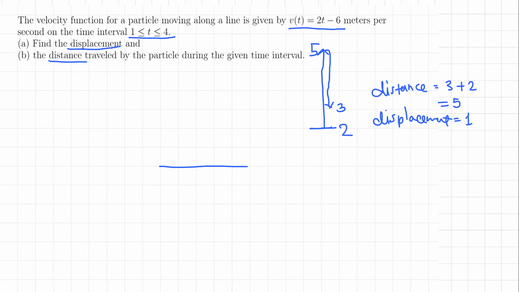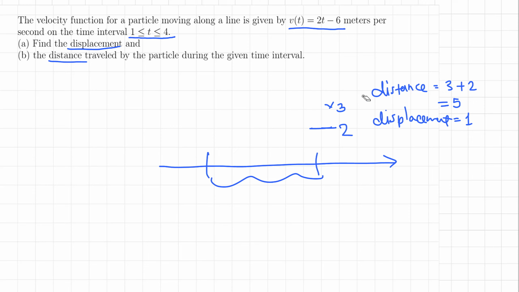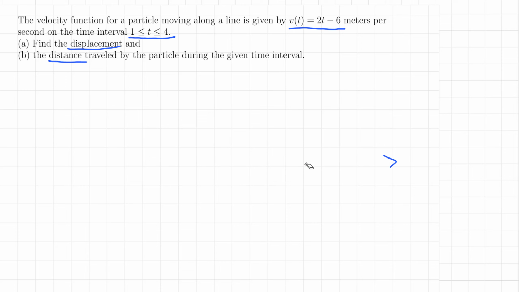But if you are going in the same line forever, straight line, then the displacement and the distance traveled are the same thing. So here, 2t minus 6, this velocity may be 0 at some point between 1 and 4. So 2t minus 6 is 0 where?